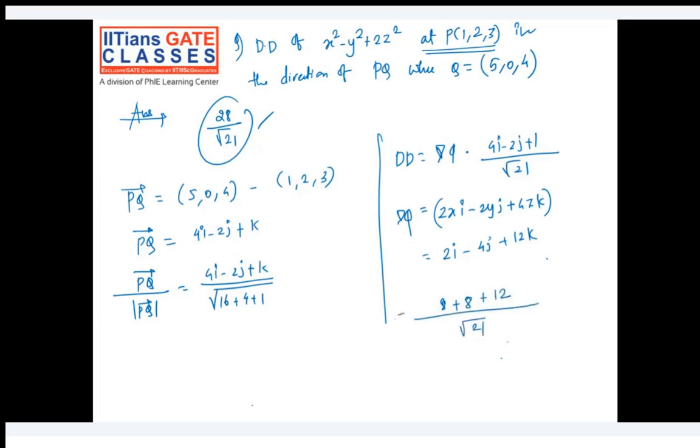So it's 28 by under root of 21. Okay, this is the answer.